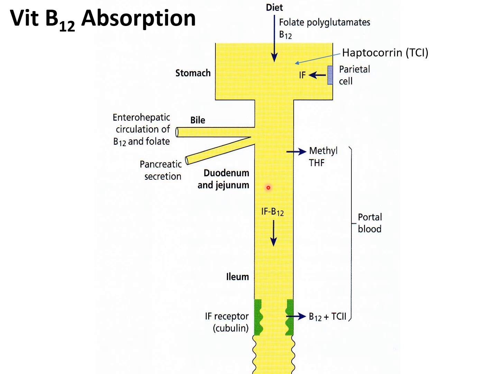They travel together to the site of absorption of vitamin B12, which is in the ileum, the distal part of the small intestine. There is a special receptor for intrinsic factor, which results in the absorption of this complex.